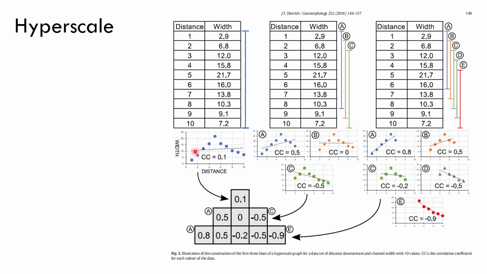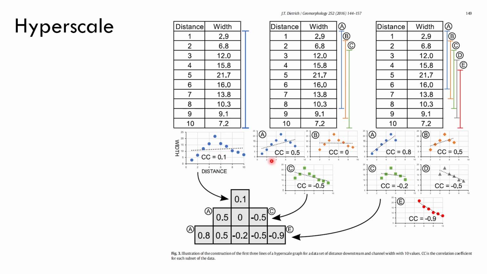So this is basically giving us the relationship between width and distance downstream, which is just like our hydraulic geometry relationships of looking at width as a function of discharge. This is a fictional example, and in this case we have a fairly weak regression slope.